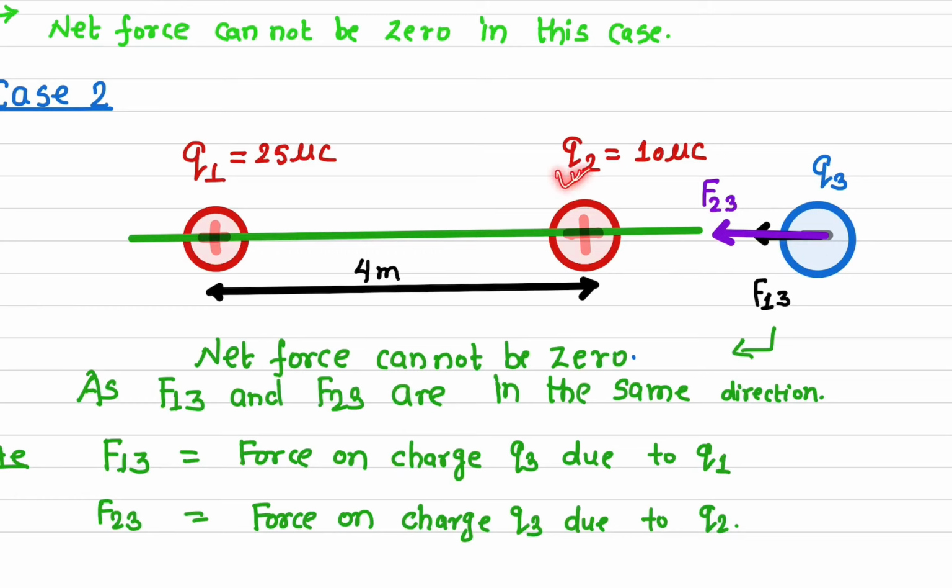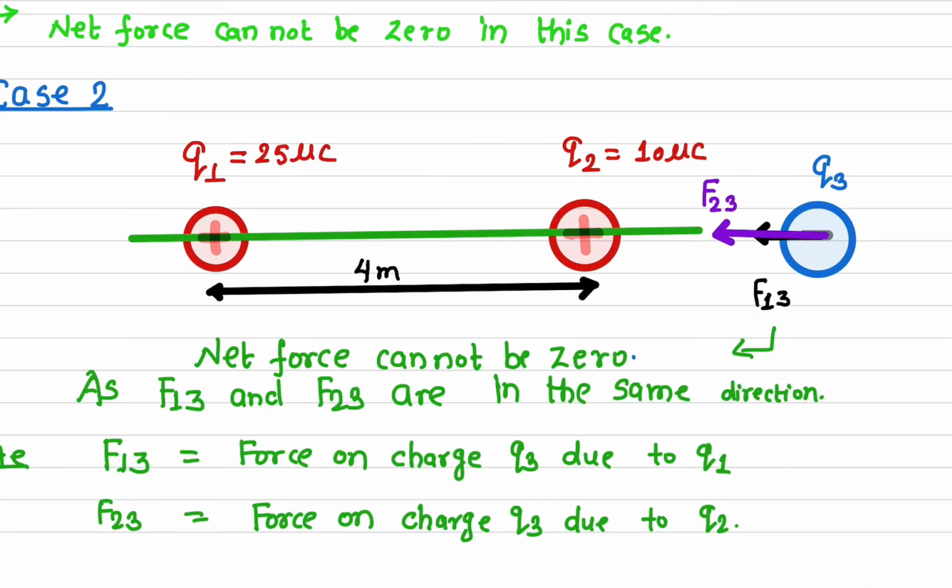The force due to charge Q2 on Q3 will again be in the same direction because it will also try to attract each other. So again, both forces are in the same direction. As both forces are in the same direction, the resultant force cannot be 0. So this possibility is also ruled out.